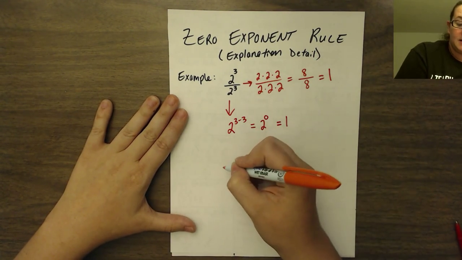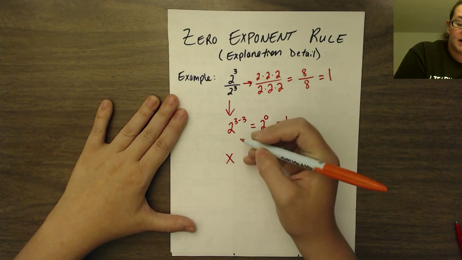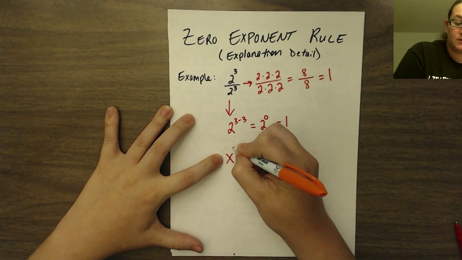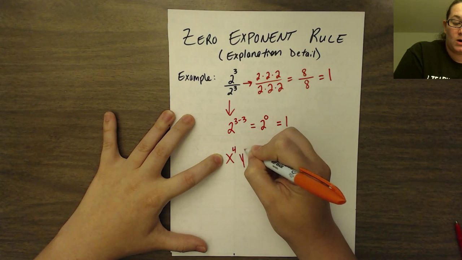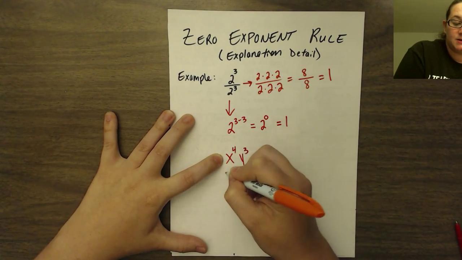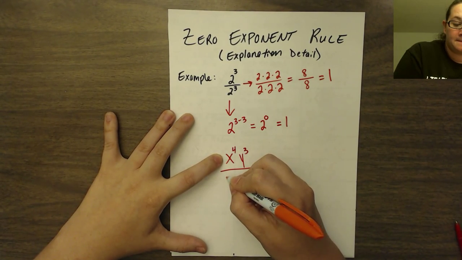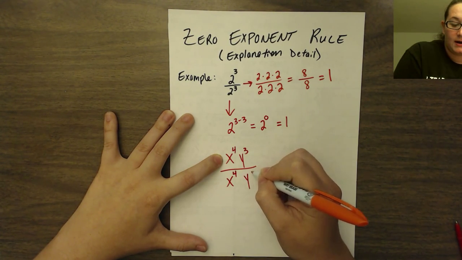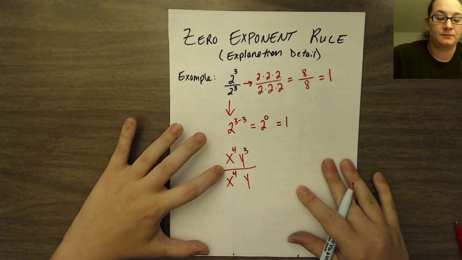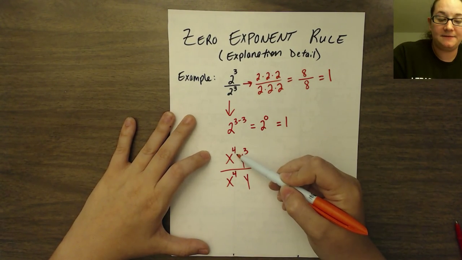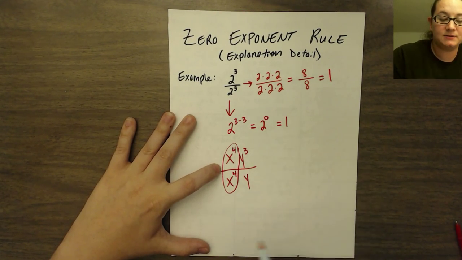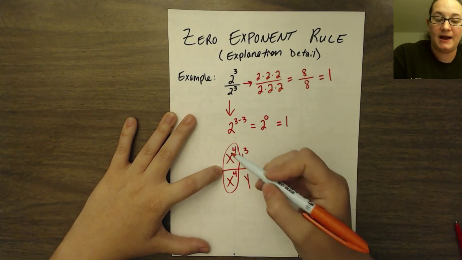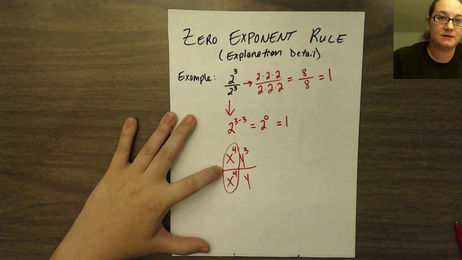So if we apply that to my x's, so I have x to the 4 y cubed over x to the 4 y. If I think about what's going to happen, if I expand these out, I have 4 x's on top and 4 x's on bottom.